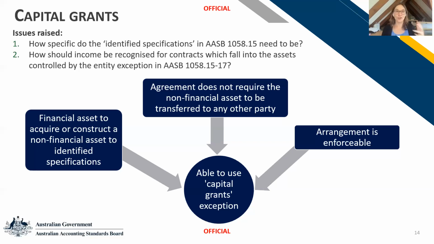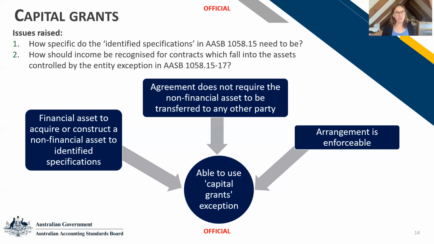So again, Freddie will cover in more detail a post-implementation review that's going to happen. That's absolutely on the list for that post-implementation review. So at this point, it is still a judgment call around is it detailed enough to tell you exactly what you need to build, or is it just buy an asset? Buy an asset wouldn't be identified specifications.